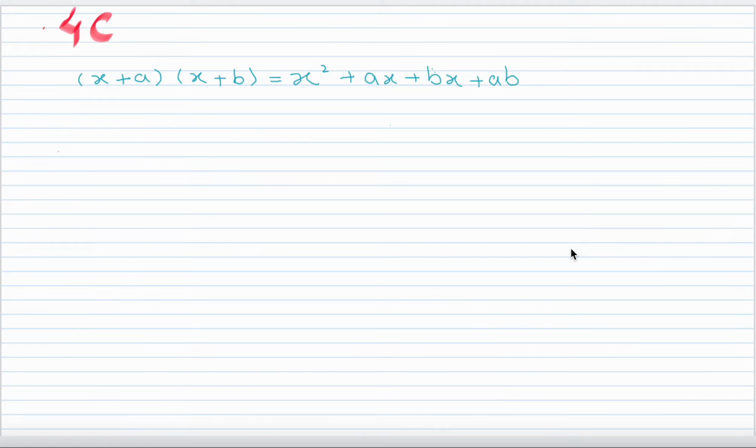So let's start 4C. I'm going to take question number 3's second question. This one looks a little bit difficult, so I'm going to take this question. We have to use this formula which I have already written. Now you have to multiply this one. How will you multiply?